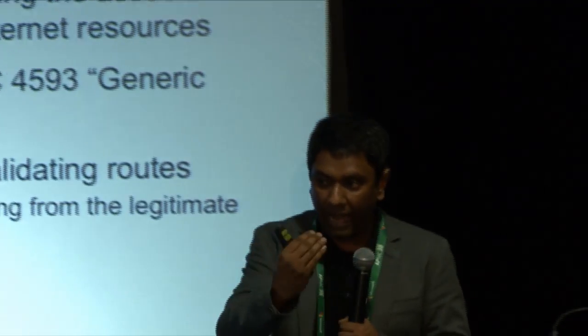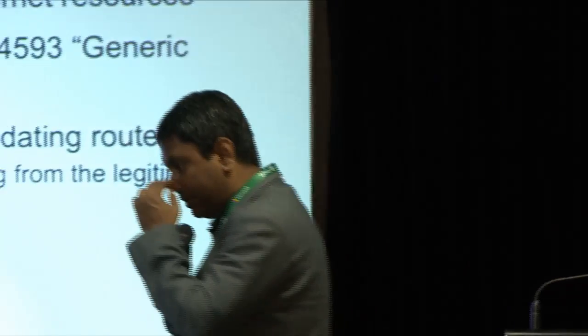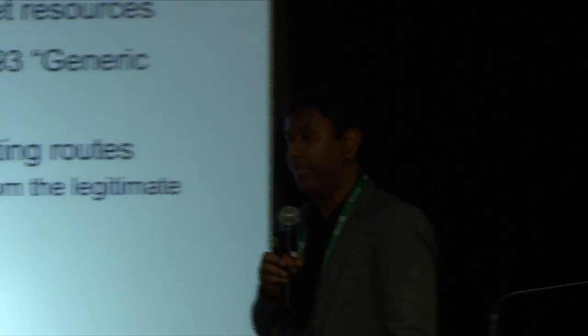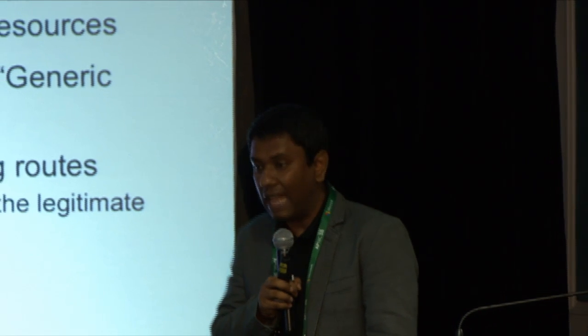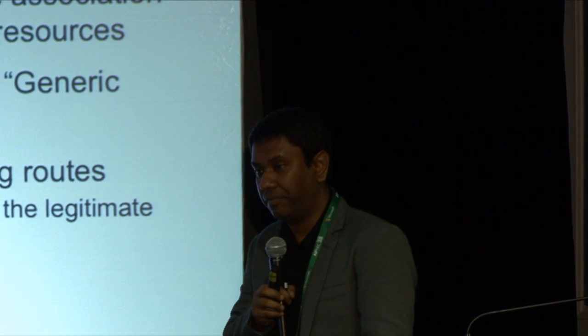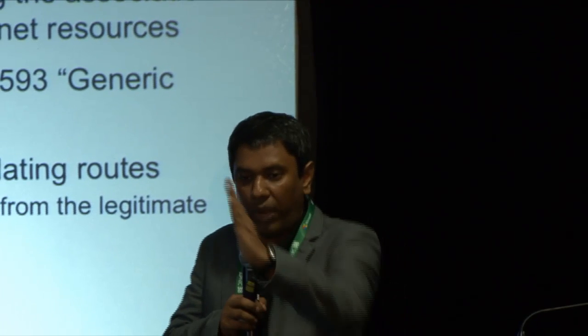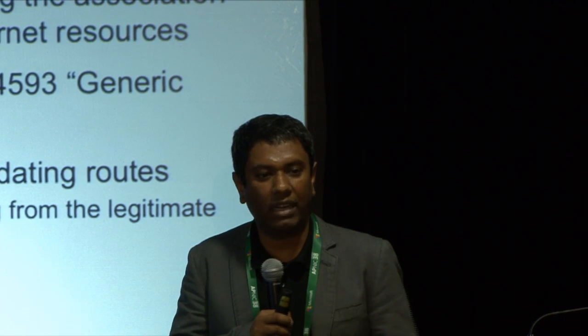So, if you see in the internet, the way prefixes are advertised and the way prefixes are going across, one of the very important aspects of securing internet infrastructure is to make sure the prefix has been originated by a valid AS. That's what we call origin validation, right? Another part of it is when the prefix has been advertised onto the internet, through which AS the prefixes are propagated.